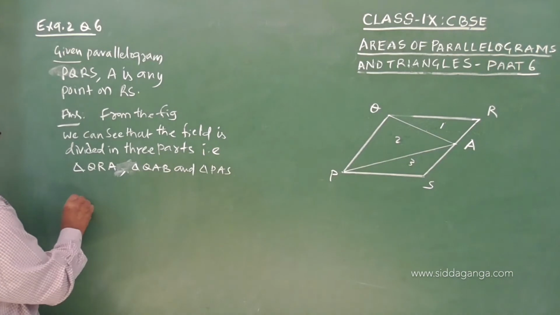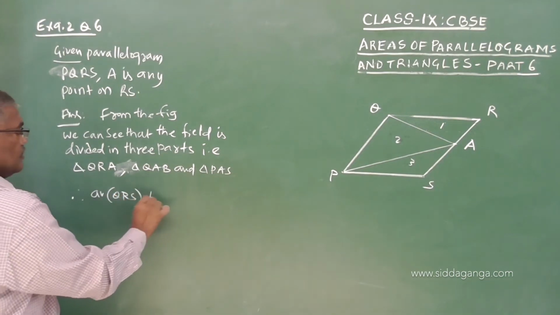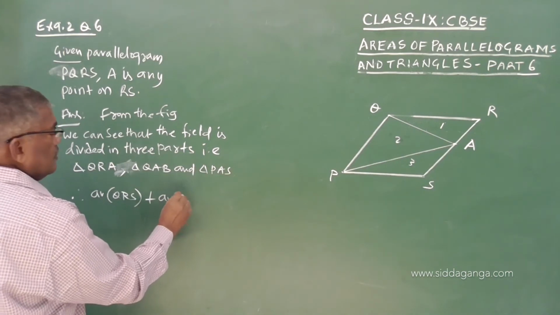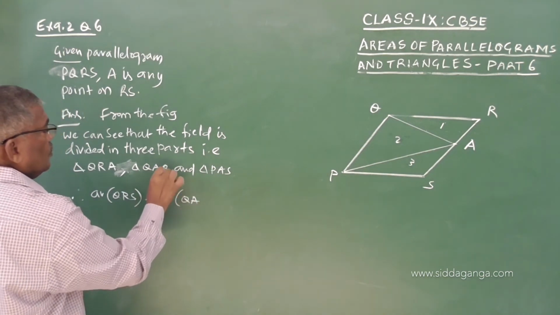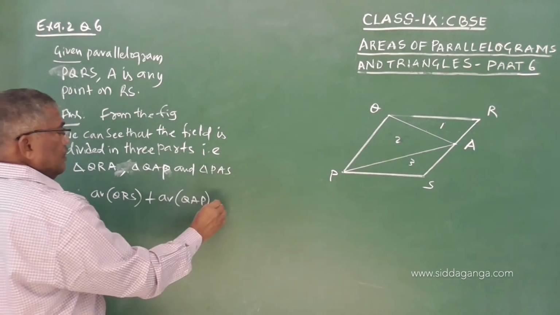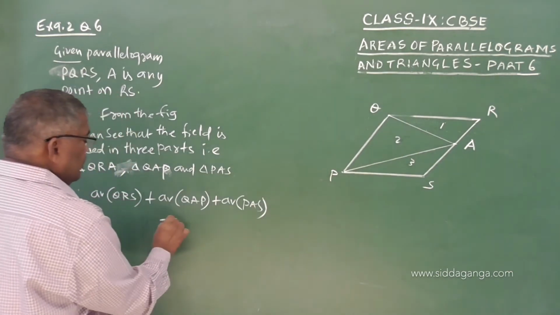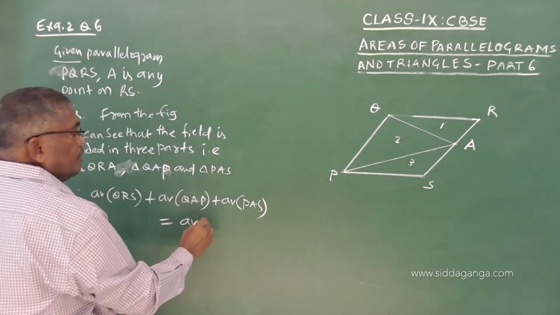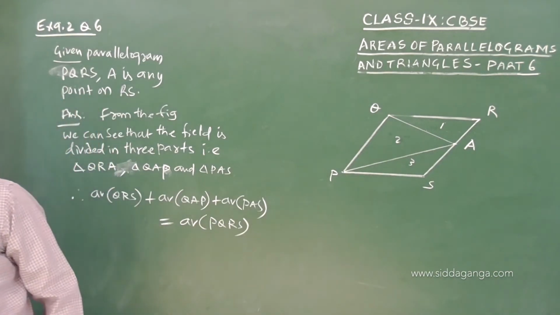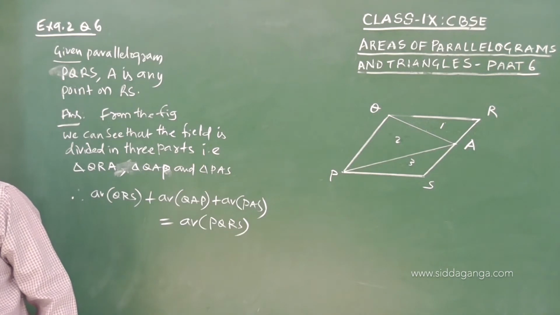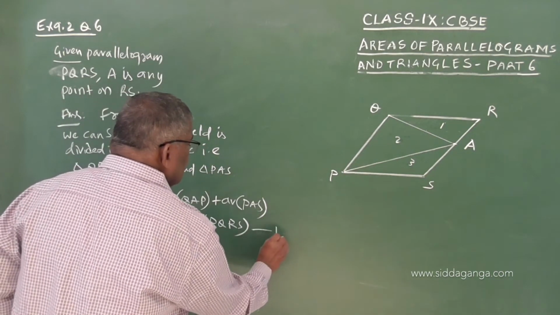So therefore, I will write here: area QRA plus area QAP, sorry, this is QAP, plus area PAS will be equal to the area of the parallelogram PQRS. Now, you can call this equation 1.